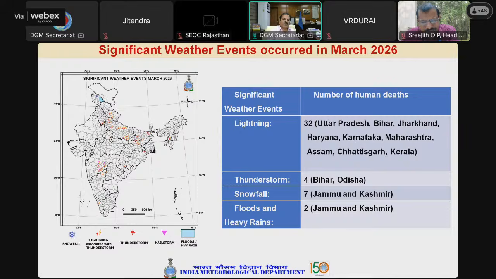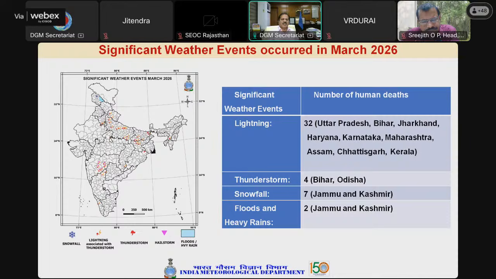Thunderstorm also caused 4 deaths. When there is thunderstorm, there is lightning also. But the difference is that thunderstorm means strong wind, squally or gale wind, which leads to uprooting of trees, breaking of tree branches, hoardings removed, and collapse of houses, etc. So that caused 4 deaths. And direct lightning death was 32.